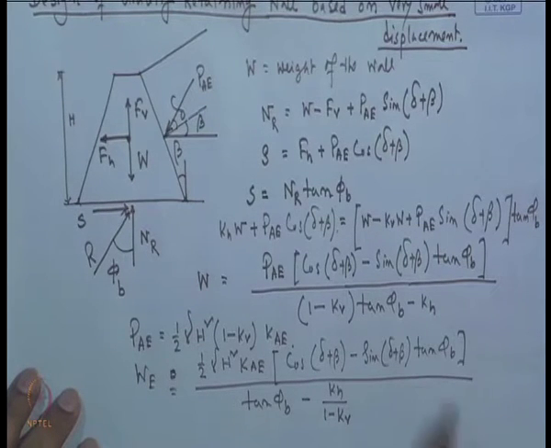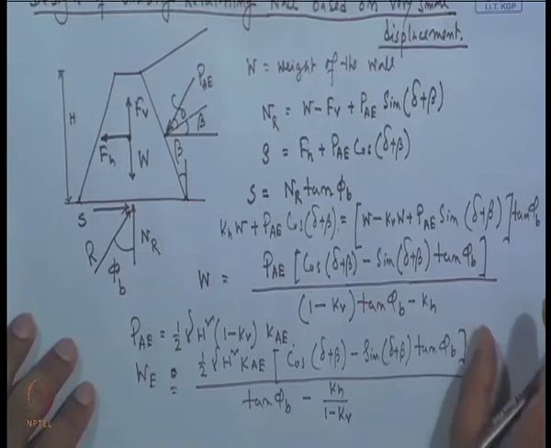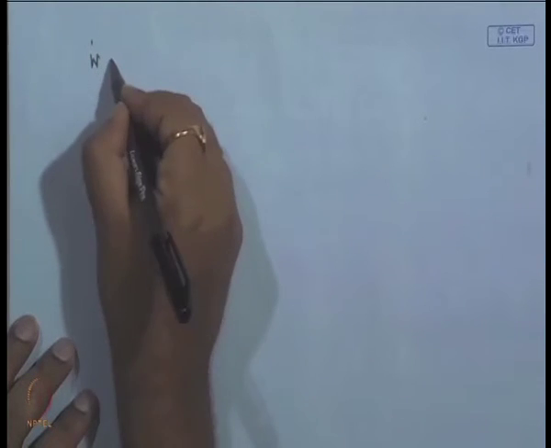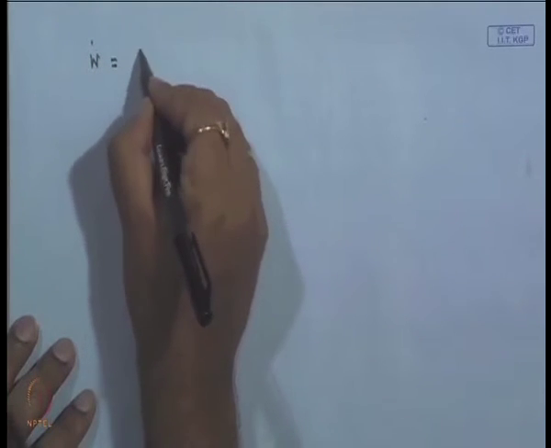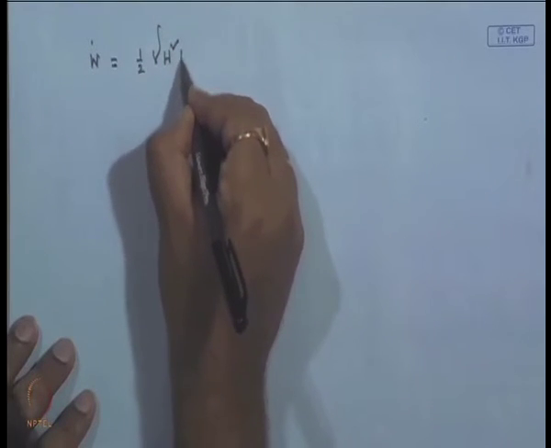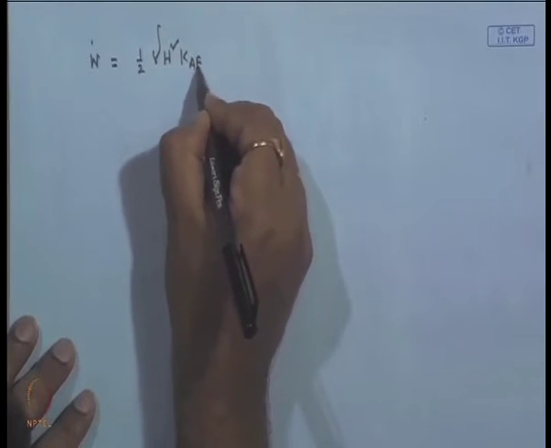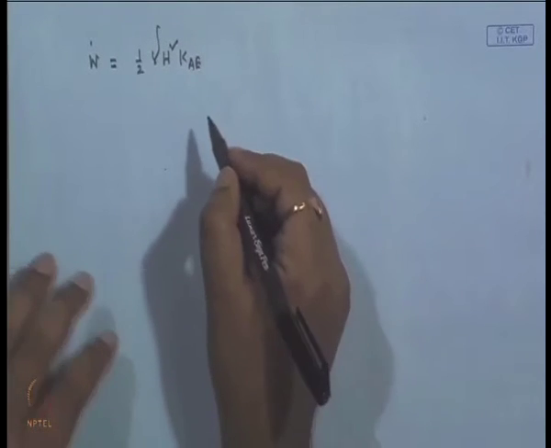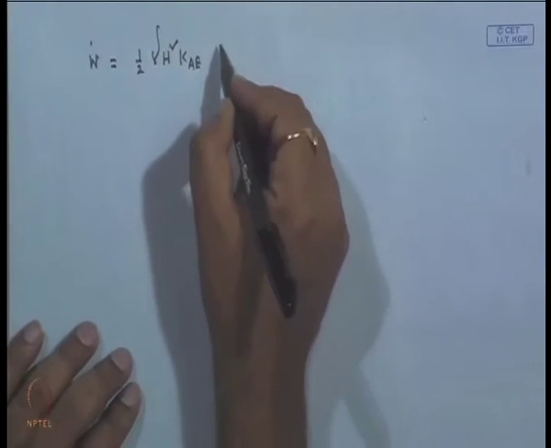So, now if I again write the final expression of W, W is equal to half into gamma H square KAE. The KAE expression is already given in the previous section.